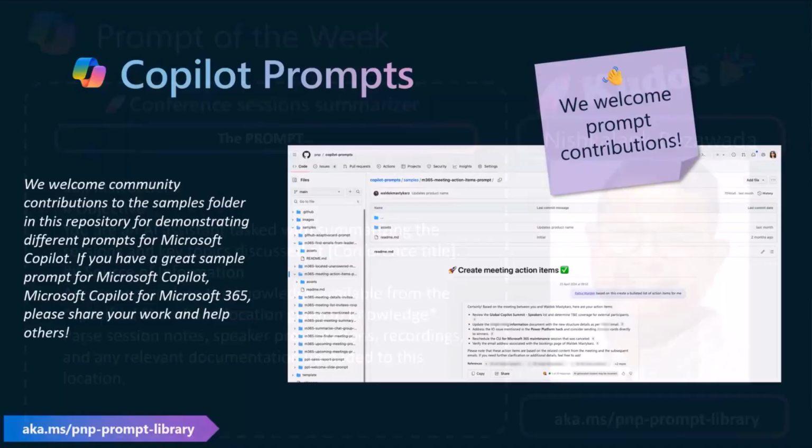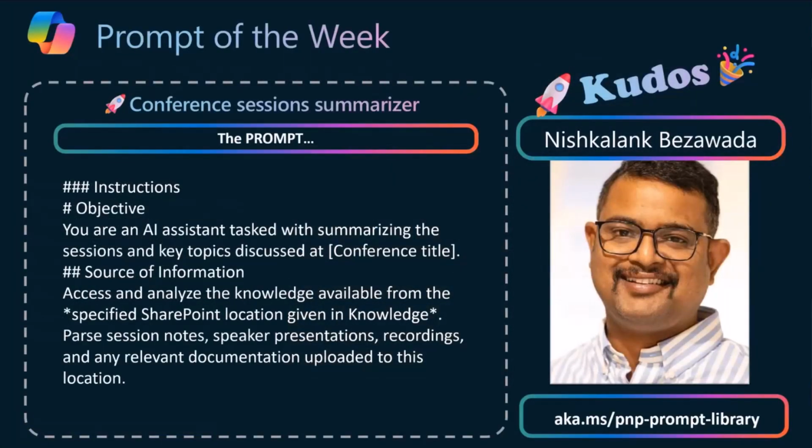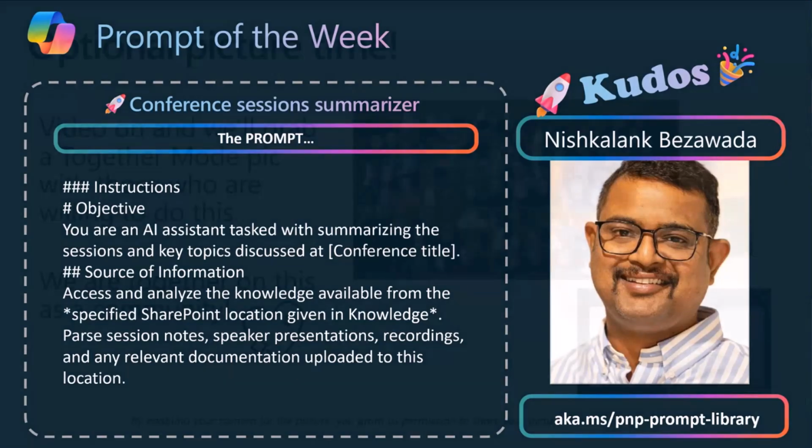The prompt of the week this time comes from Nish, and it's basically summarizing sessions and key topics discussed at a certain conference and aggregating the information into a usable format and definition based on the end user. So a really great example of how you can use Copilot to work on your behalf to gather information. But that's a quick intro on the things.